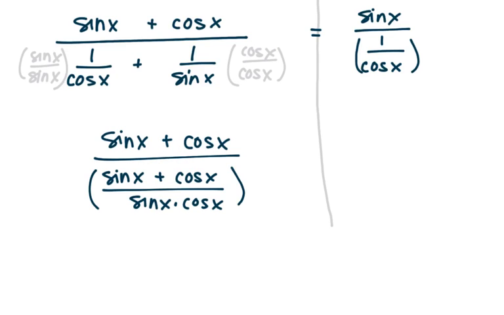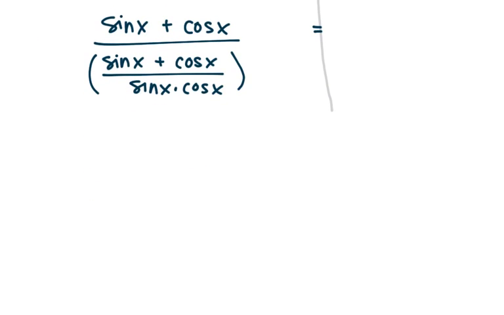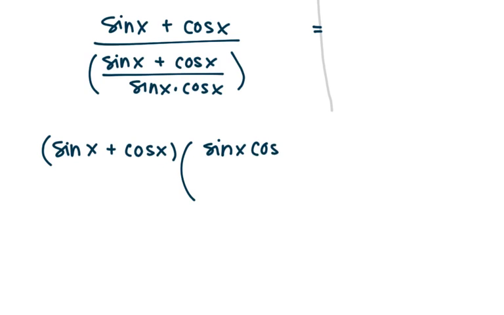So dealing with a fraction inside the fraction, one thing we remember when we're dividing by a fraction, division is the same as multiplication by the reciprocal. So this is the same as sine x plus cosine x, my numerator, times the reciprocal of my denominator, which is sine x times cosine x over sine x plus cosine x.